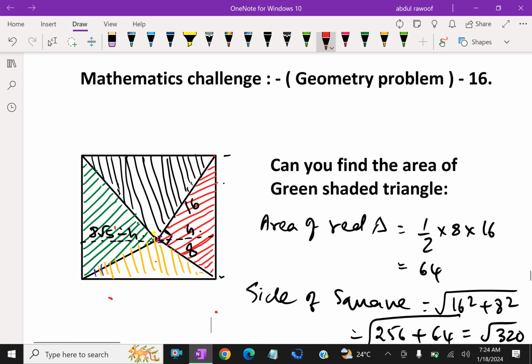Given two perpendicular lines, which meet at 90 degrees, with 16 and 8 given, through only these numbers, the dimension 16 and the base 8, we found the area of the opposite triangle. We have done it.